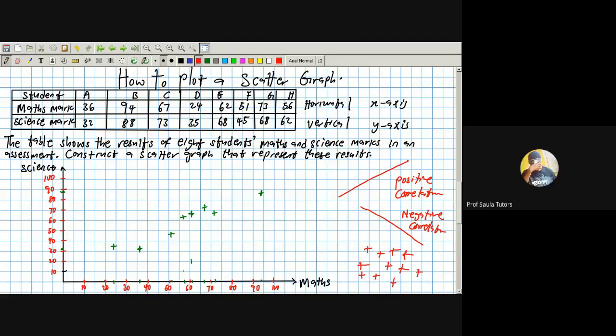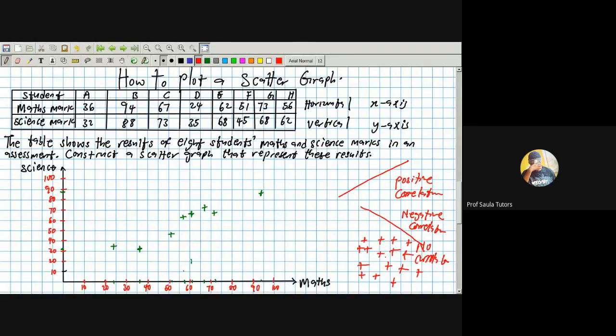That's how you do a scatter graph, because first you locate where it is, and the number will tell you here. There's no correlation between the two data in this type of diagram. So my point is that if you have this type of line, you have positive correlation, this is negative correlation, and this is no correlation.